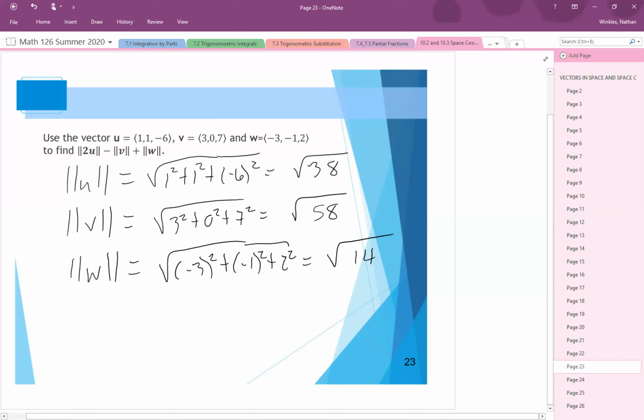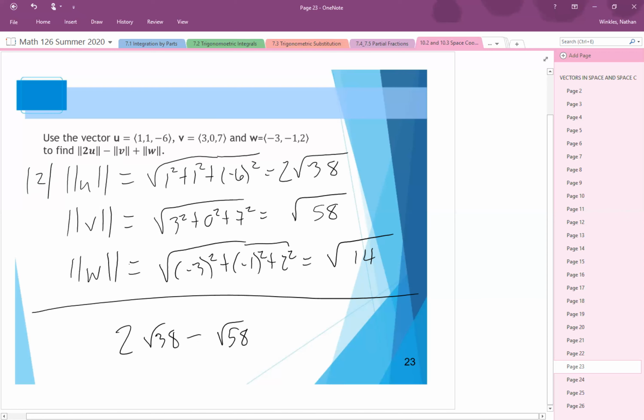Now don't forget, we had 2u up here, so what we need to do is multiply this by magnitude of 2, which is here. So therefore our answer would become 2 root 38 minus root 58, because we needed a minus in front, and then plus square root of 14. So that would be our answer for this type of problem here.